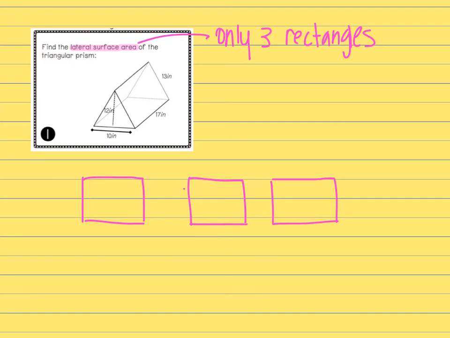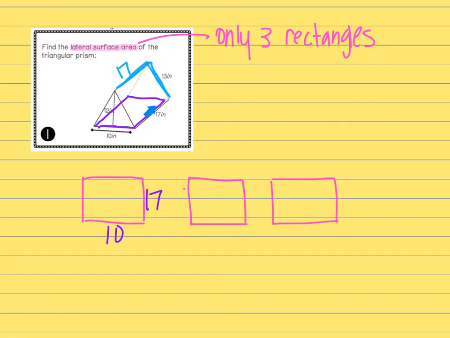One rectangle is going to be this bottom piece, which is 17 and 10. I'm going to put those two dimensions down. Then the other two pieces are going to be 13, and then it also matches up with 17, goes here as well. So there are two pieces that are that size.